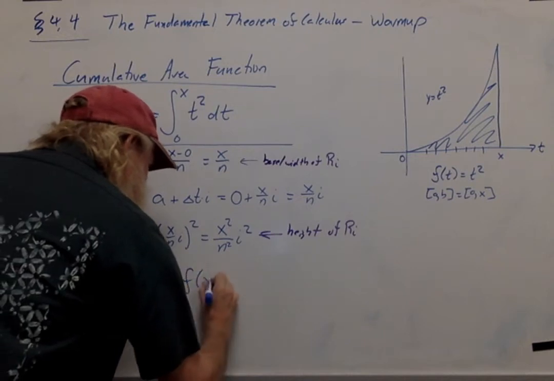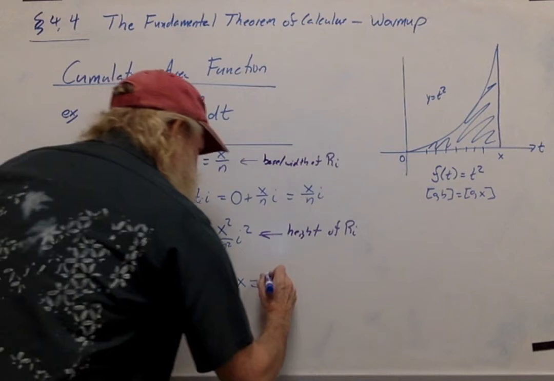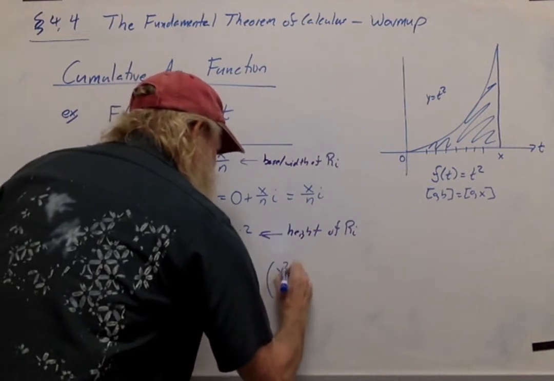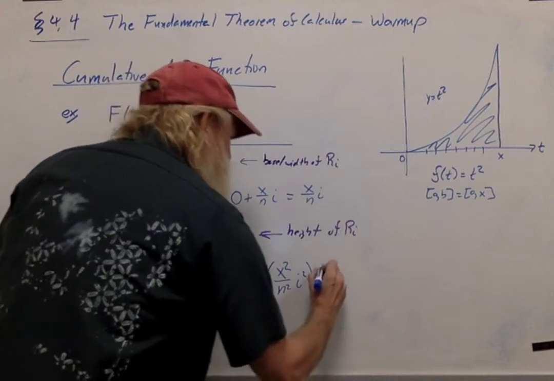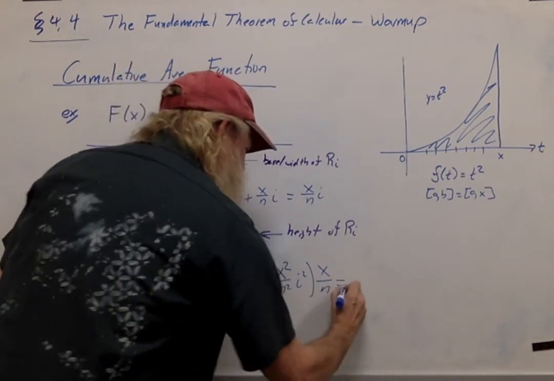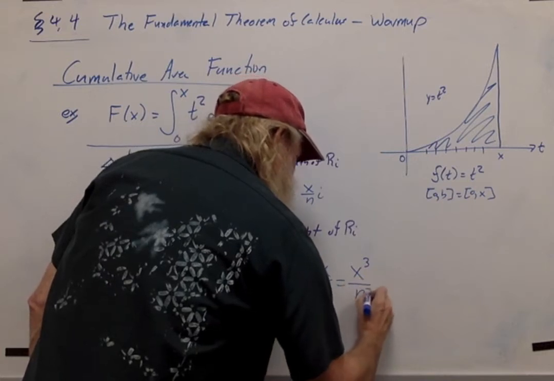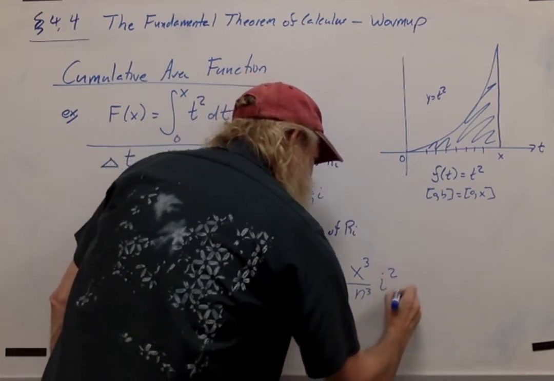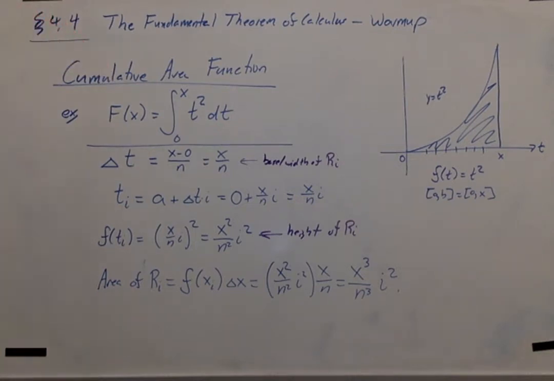So f of t sub i multiplied by delta t. So that's x squared over n squared i squared multiplied by x over n. So that gives me x cubed over n cubed i squared. So that's where we are so far.